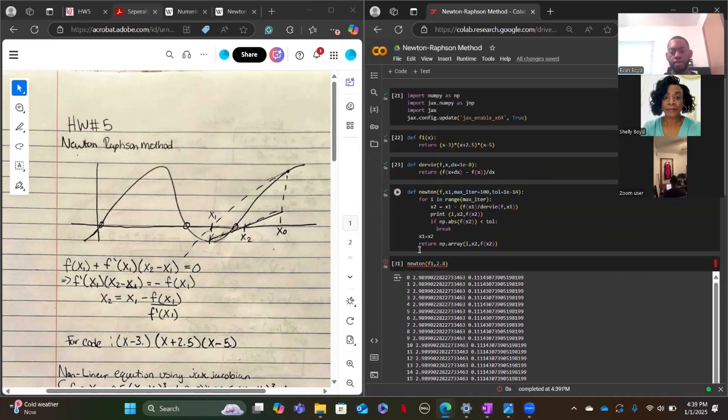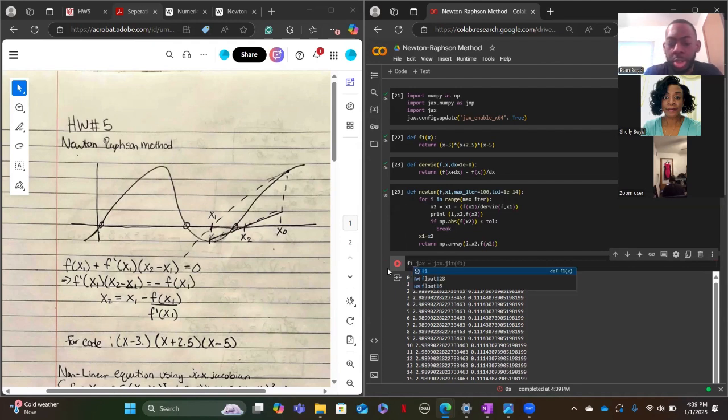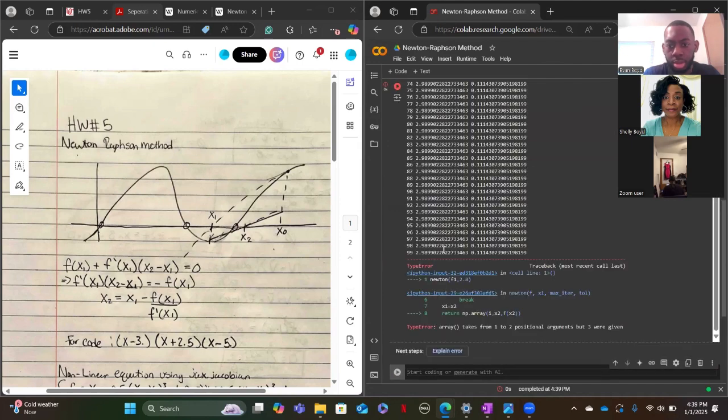It's not right. Oh, I said this wrong. It's supposed to be F1. If we, oh no, this is right. So we do our newest method and we define our F1 value and our guess. Error: arrays take 1 to 2 positional arguments, but they were not given 3.